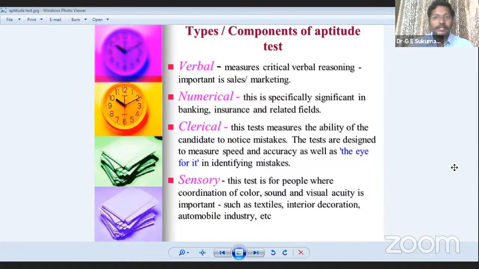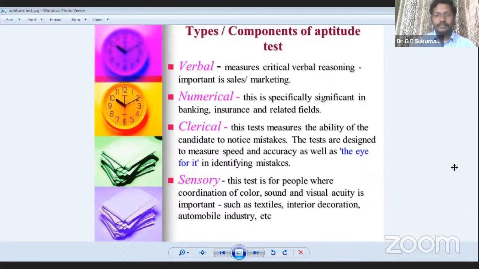Based on these abilities, we can give a prediction based on the results of how well they fit into the jobs they are about to take. So this is the beauty of this aptitude test, and also if one is good at one particular aptitude, it can be improved further by giving proper training.